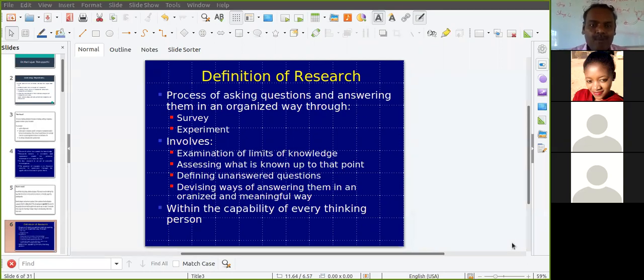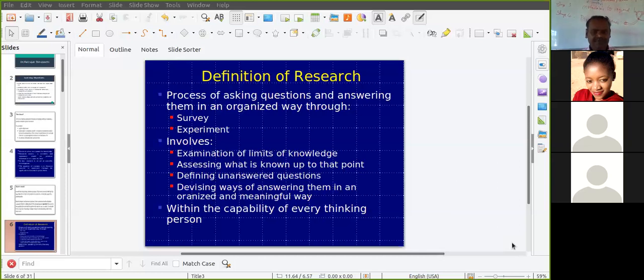Research is a process of asking questions and answering them in an organized way through a survey or an experiment. That organized way is considered a scientific way.